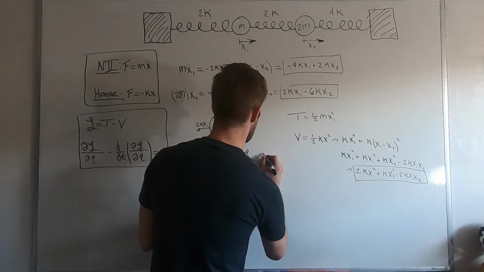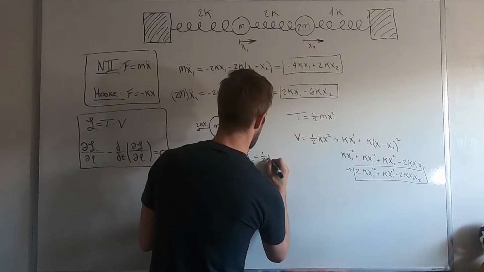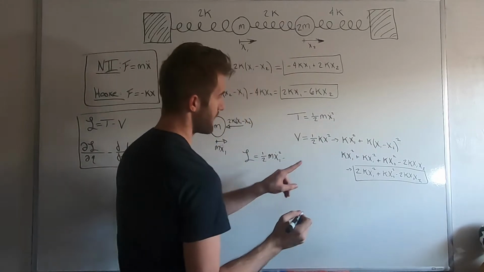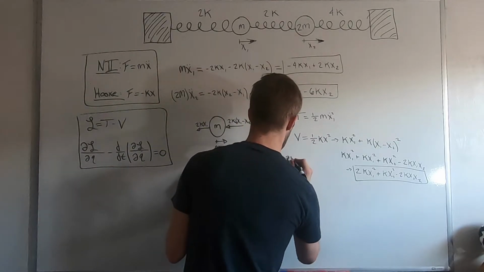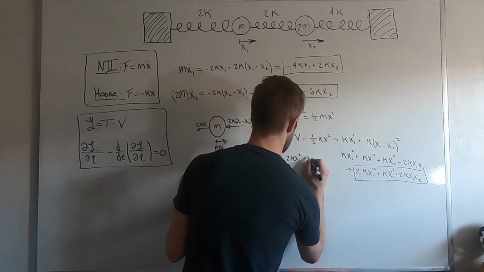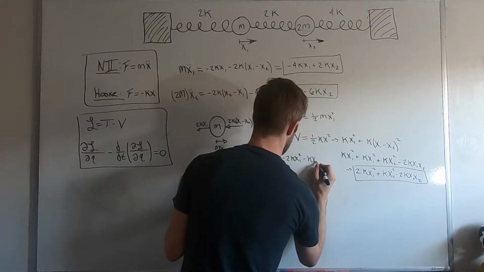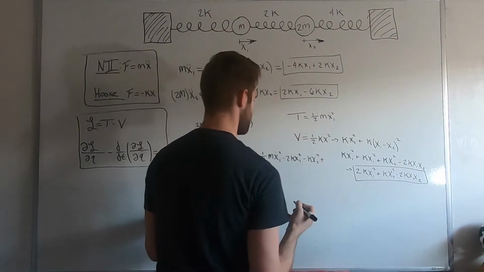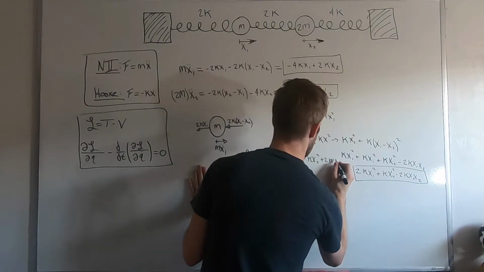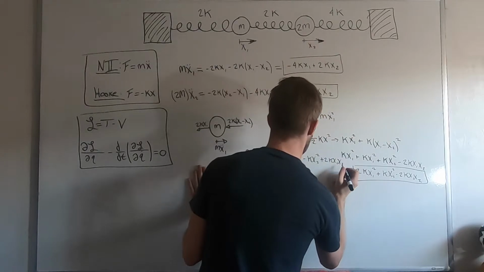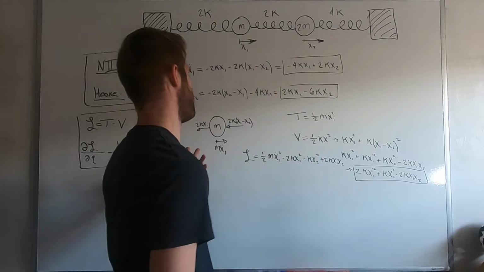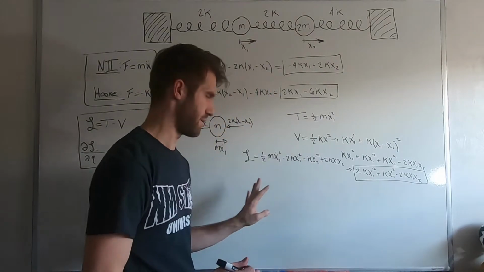So this is going to be equal to 1/2 mx dot 1 squared minus 2kx1 squared minus kx2 squared plus, I'm running out of room here, plus 2kx1 x2. I hope you can see that. So there we go.